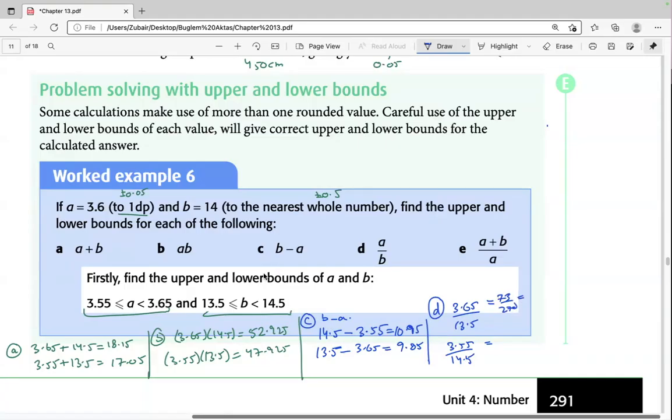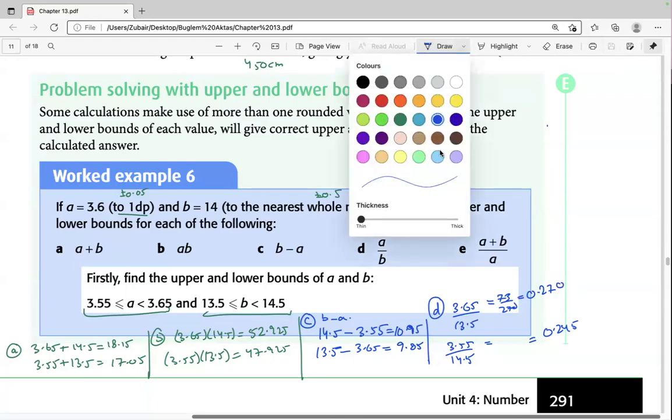Now I'm looking at these values. For A, this is two decimal places. For B, it is one decimal. So the more accurate is two decimal places, so I'm writing it to two decimal places depending on the data. 3.55 divided by 14.5 is 0.24 if I round it, and the first one was still 0.27. So three decimal places, this is the answer.